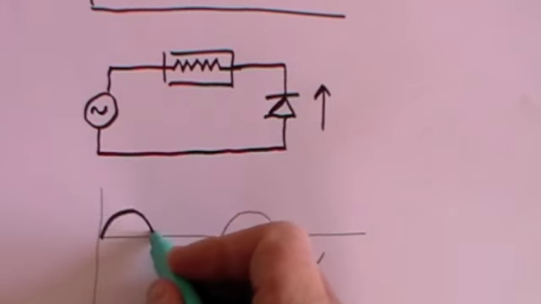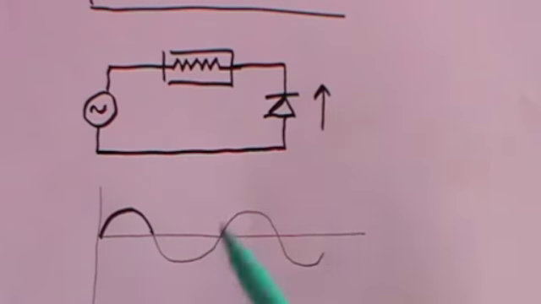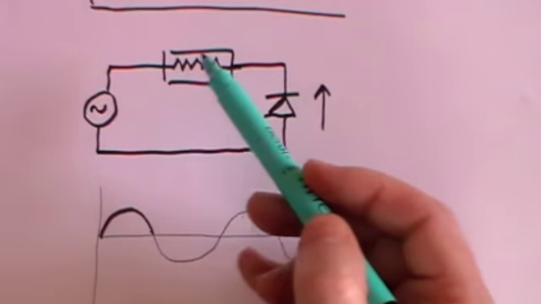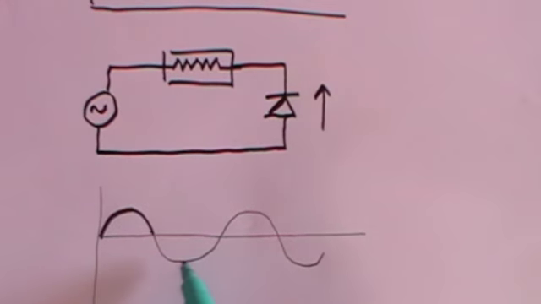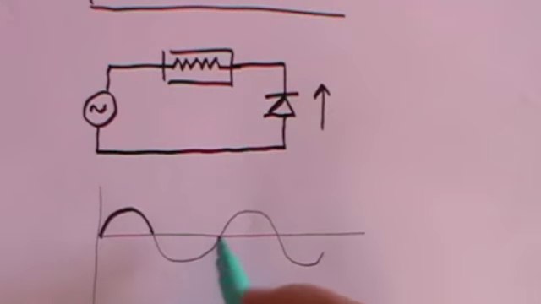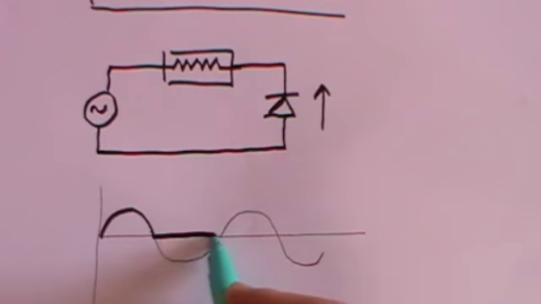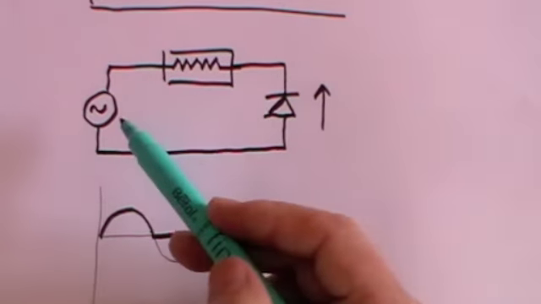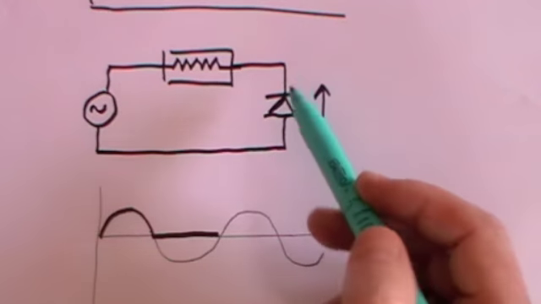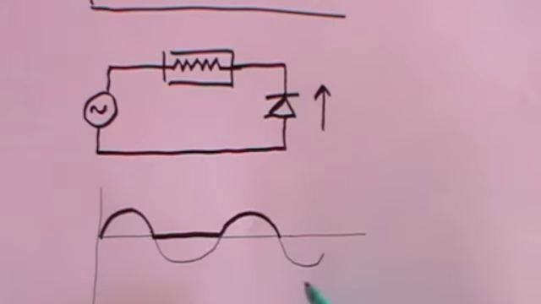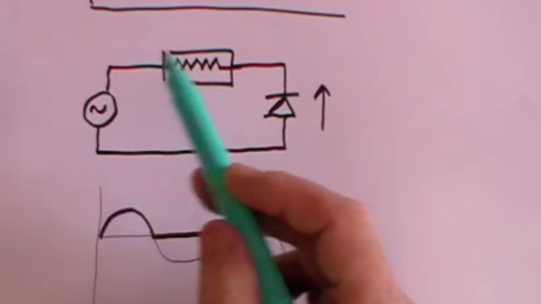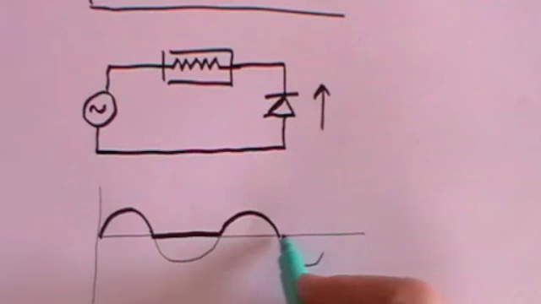So that's when it's flowing in that direction. But when it flows in this direction, the diode won't let it flow. So instead of the current going in the opposite direction, no current flows at all. And then when the current flows in this direction again, the diode says, okay, you can go. But when it comes to this direction, the diode stops it.